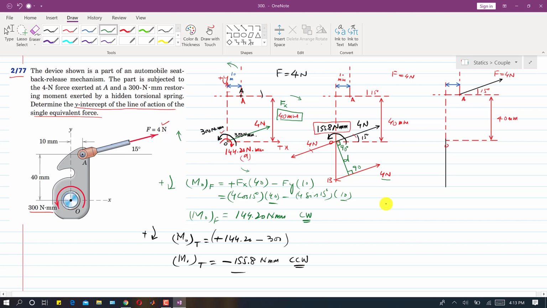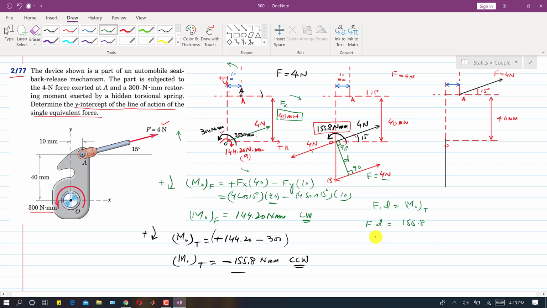So if I write this force as F, I will write F into D. This F into D is equal to the total moment about O, which is 155.8 Newton mm.